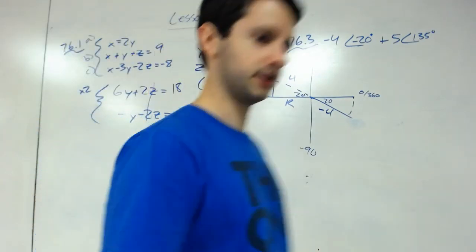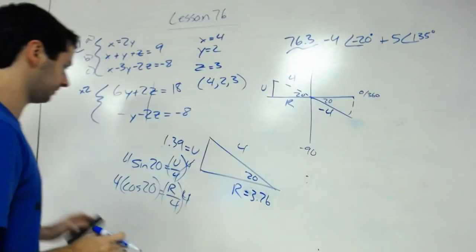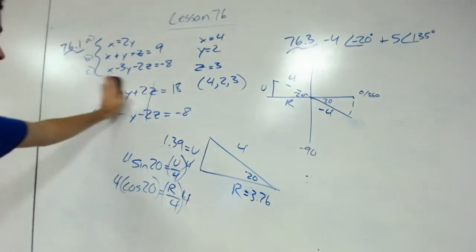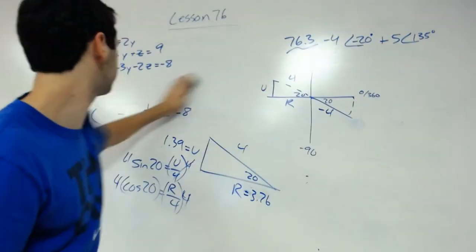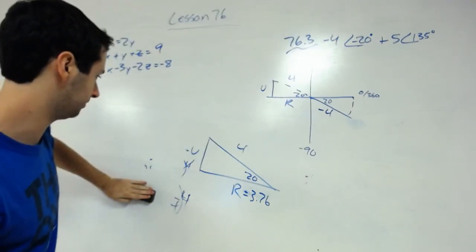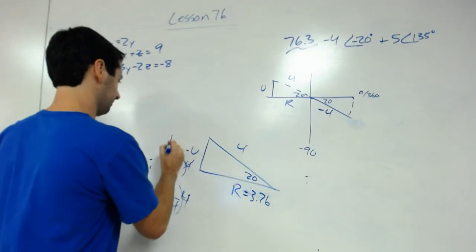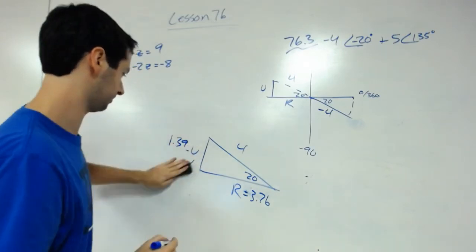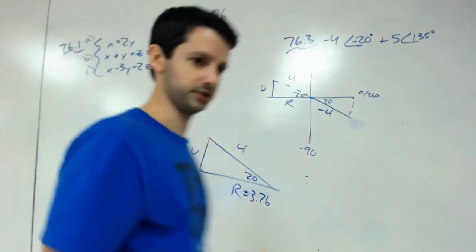Okay, I'm going to create a little space here and erase all this. What was u? 1.39, I think. I'll double check with the book.